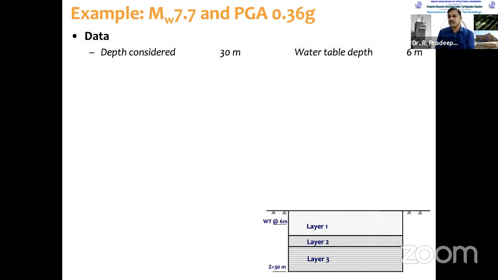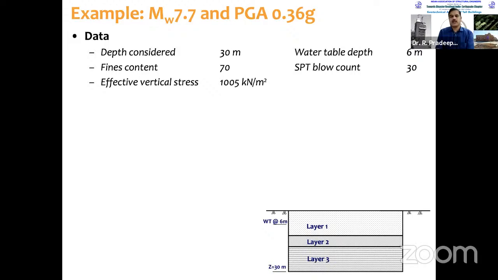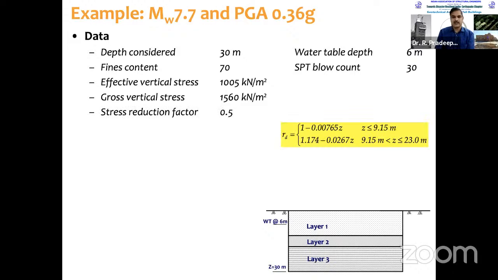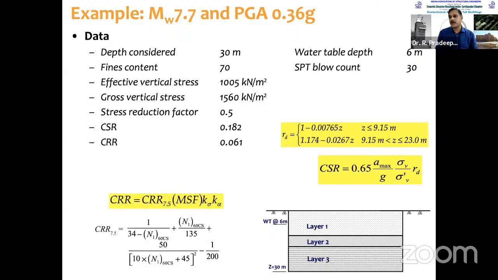Water table is at 6 meters depth, fines content is there, SPT blow count, vertical overburden pressure computed is 1005 kilonewton per meter square, and then gross vertical stress, then stress reduction factor, because it is 30 meters, it is directly 0.5, and then CSR, the cyclic stress ratio, is computed using this formula as 0.182, and then CRR 0.061 using the expression given below.